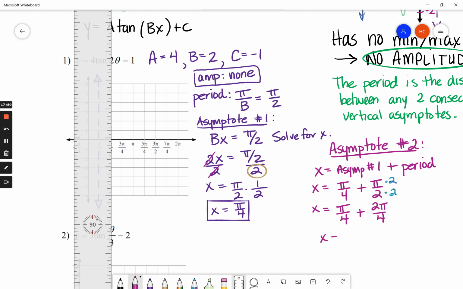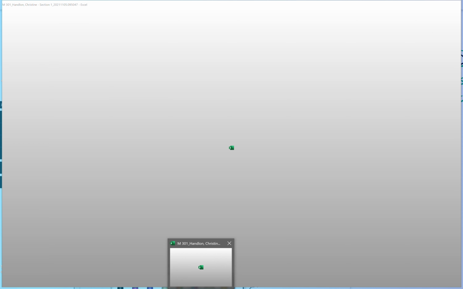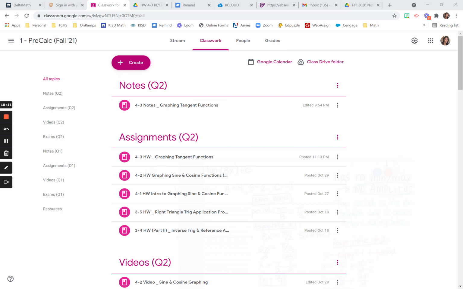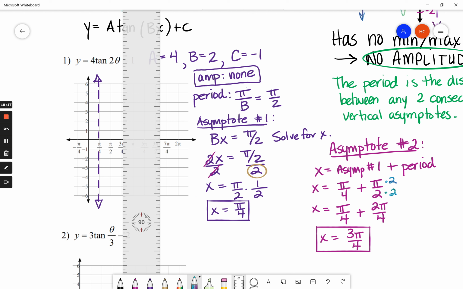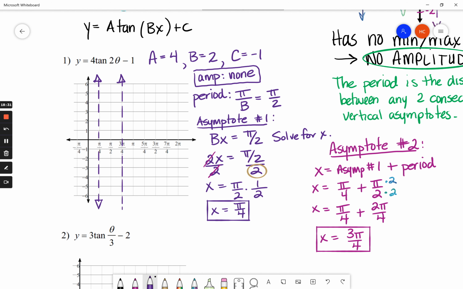So x equals 3 pi over 4 is the equation of my second asymptote. I'm going to come over here at x equals 3 pi over 4, and we will put the other asymptote. And we'll put the arrows.